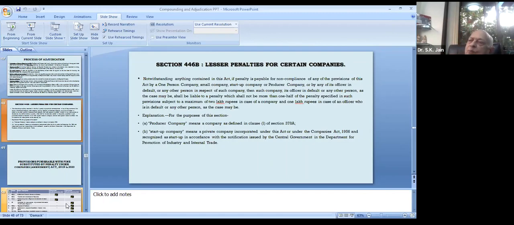So not only the company, the benefit of this reduction in penalty in case of a small company is also extended to officers in default and any other person against whom adjudication proceedings have been initiated, and this benefit of 50% penalty is available to a one-person company, a startup company also, or producer company.